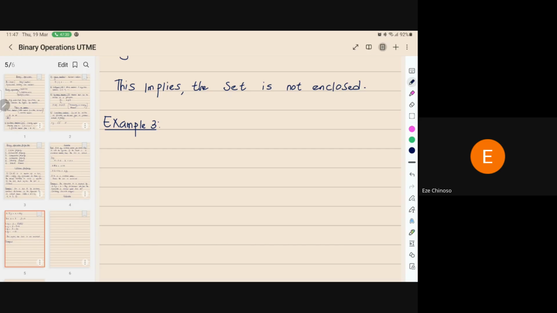So now consider a set Q of rational numbers.